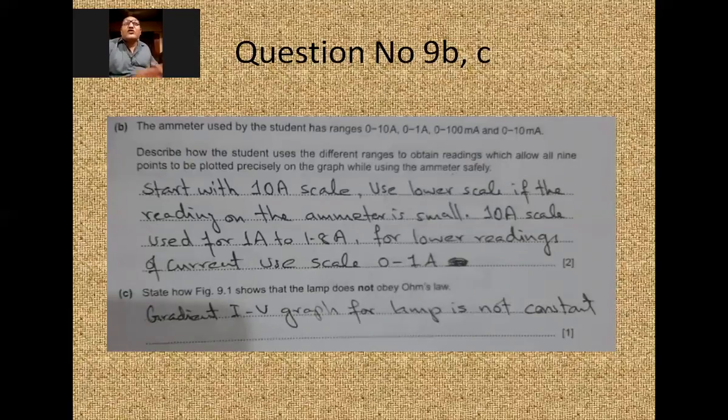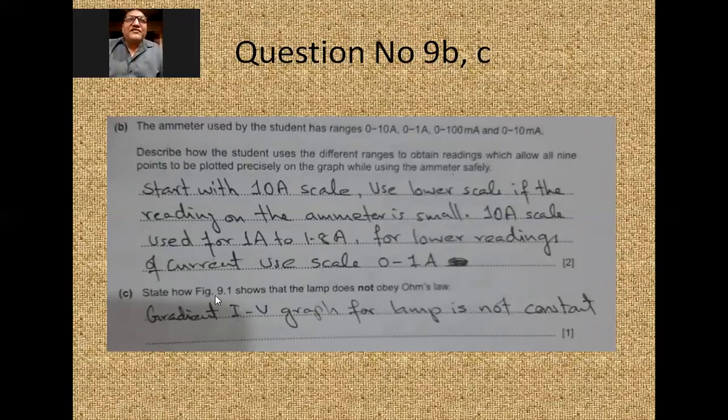So we cannot use the last two options, 0 to 100 milliampere or 0 to 10 milliampere. We can only use the 0 to 1 ampere range. This 2 mark question is a little technical and a little difficult to phrase, so hopefully you have understood and you will be able to get these 2 marks.